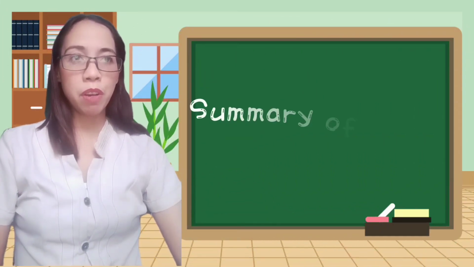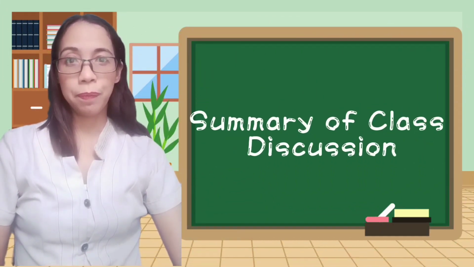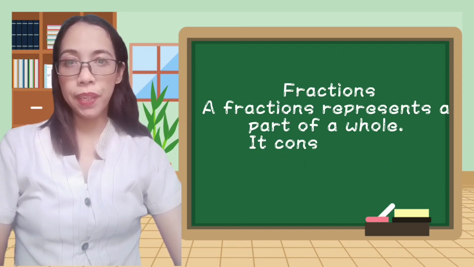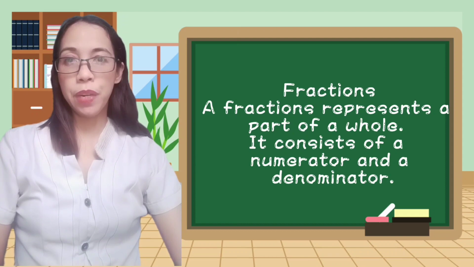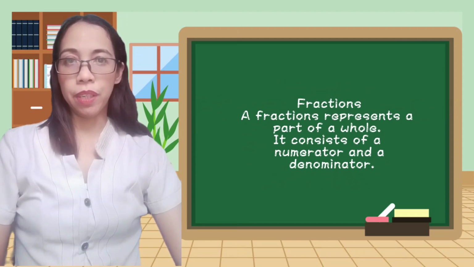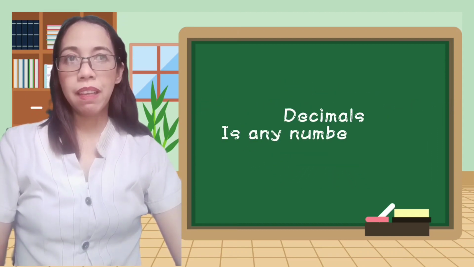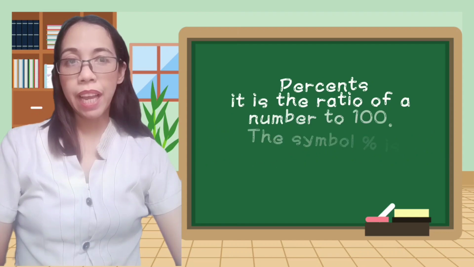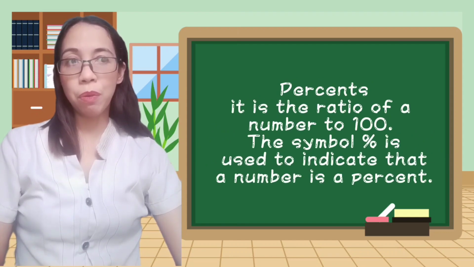Okay, for our summary of class discussion, a fraction represents a part of a whole. It consists of numerator and denominator. While decimals is any number in our base 10 number system. Percent, otherwise, it is the ratio of a number to 100.